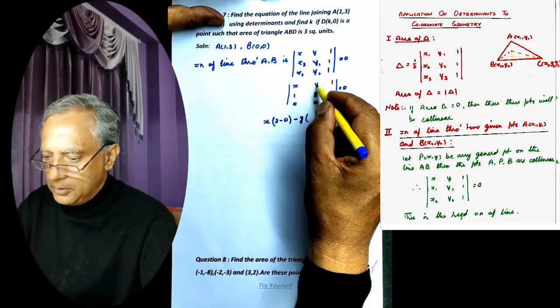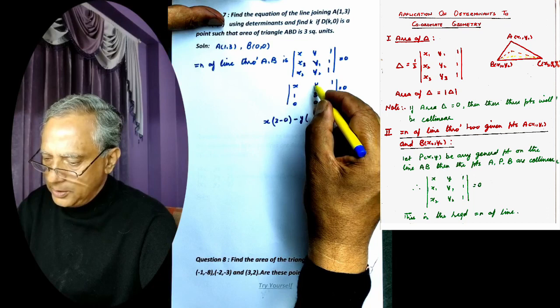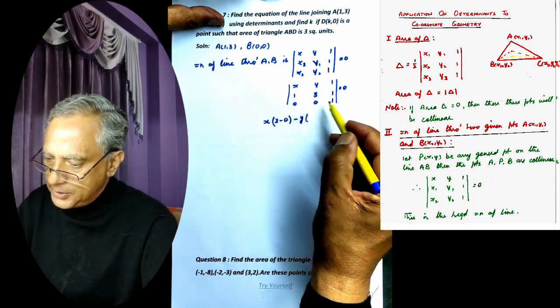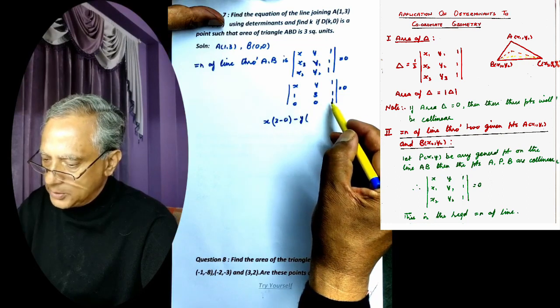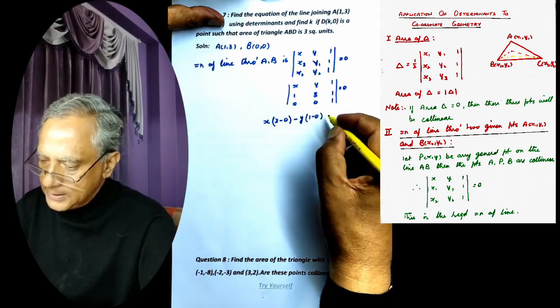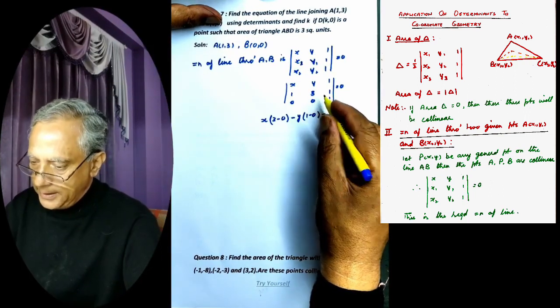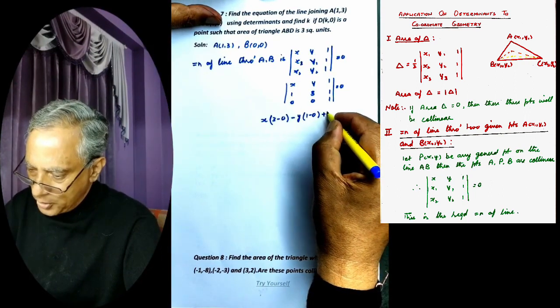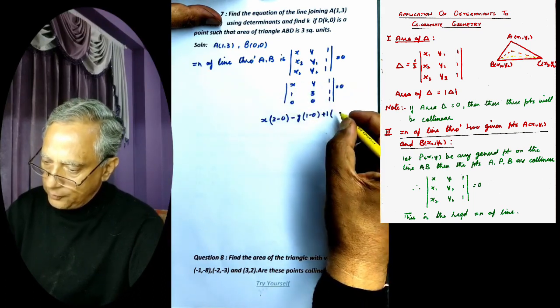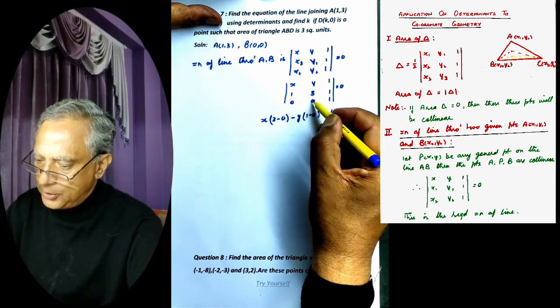Now this will be negative. This is gone, this is gone. So we are left with 1, 1, 0, 1. So 1 into 1 is 1 minus 0. Again, this would be positive 1 into its cofactor. So this is gone, this is gone. We are left with 1, 3, 0, 0.